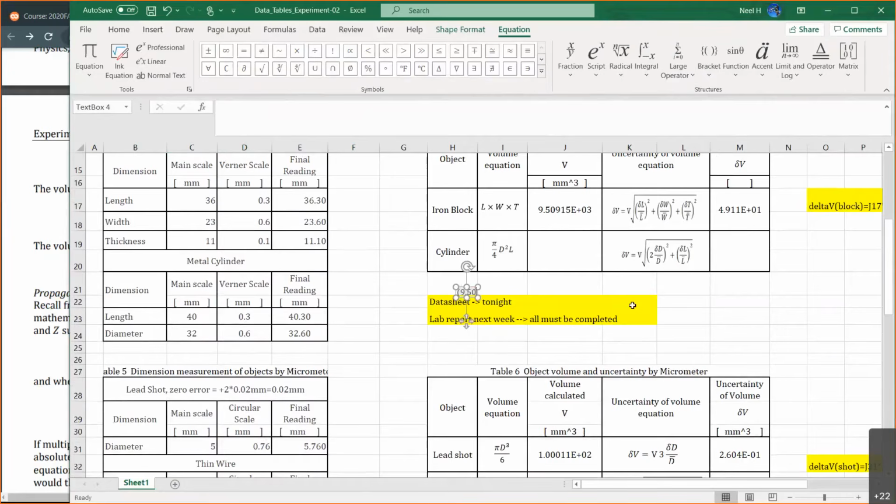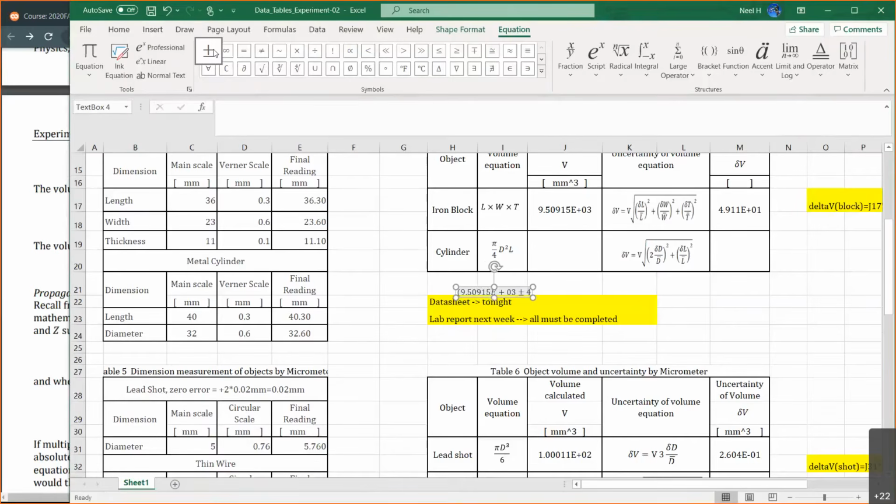9.50, a little bit higher sig fig, okay, 50915, plus or minus. That's why I'm using insert, otherwise you can't use that symbol, plus or minus, okay. And then the error calculated for that one, this is e to the power minus 3, which means you can use e positive 3, e positive 0 3, and then plus or minus.